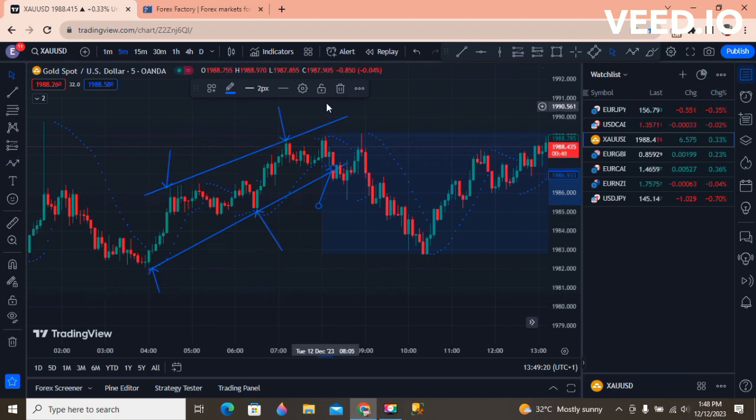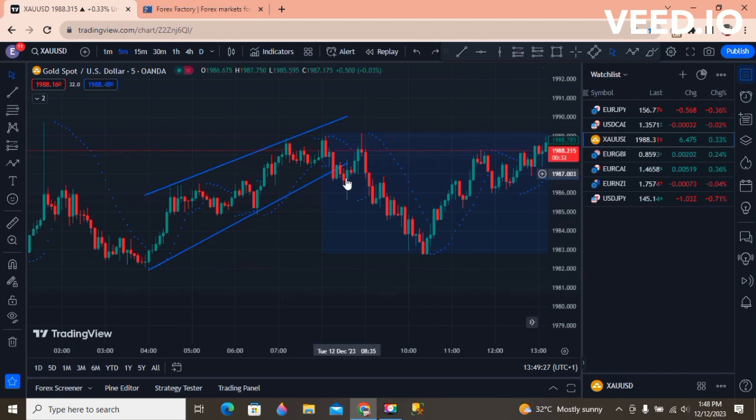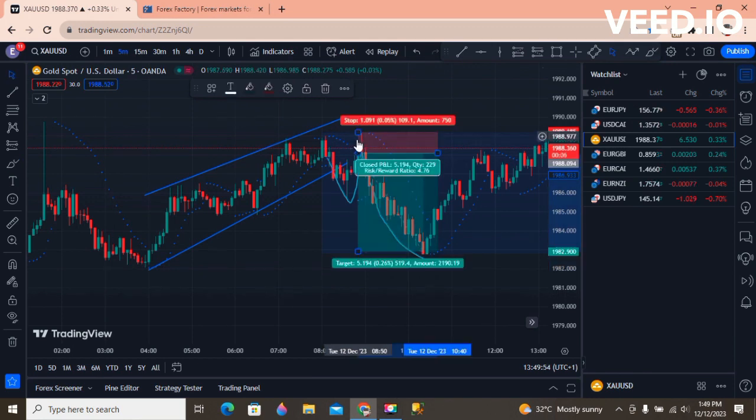We want to wait for the market to break the trend line. The market came down right here to break through our trend line. The market came back to retest that level, and then the market went down. Let's set your stop loss below the pullback, with a target for the market to go down. You would have been in profit right now.